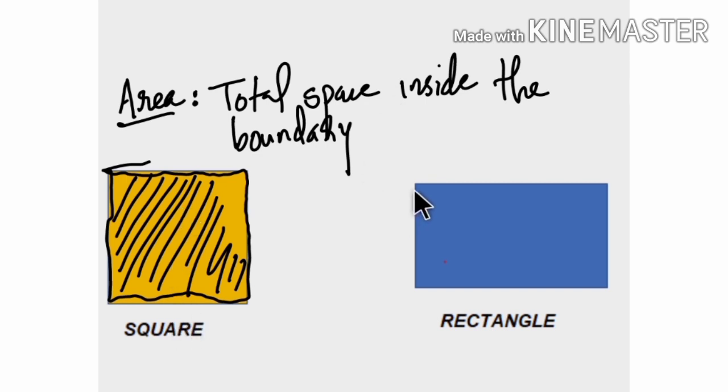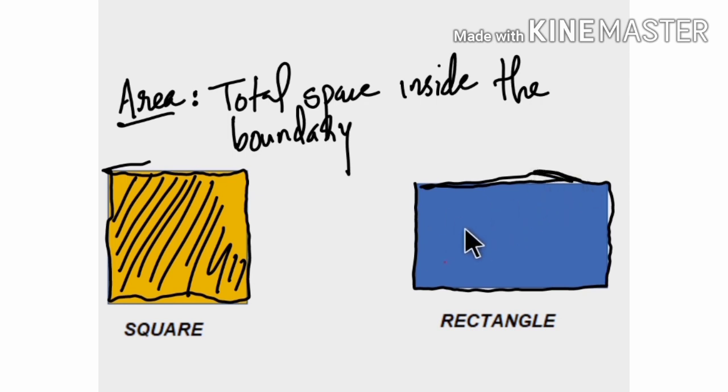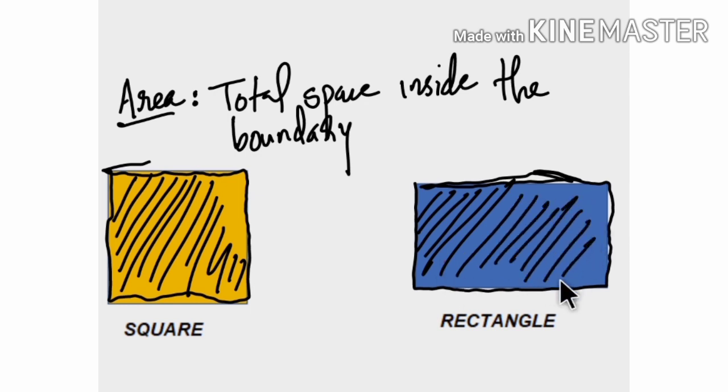Now in the case of rectangle, this is boundary. The space inside this boundary is called area of this rectangle.